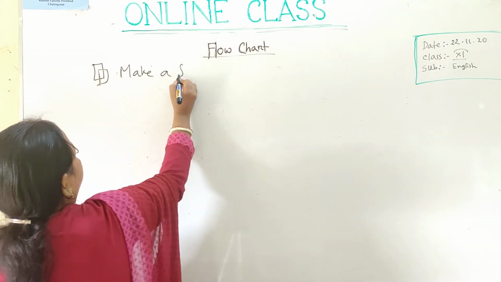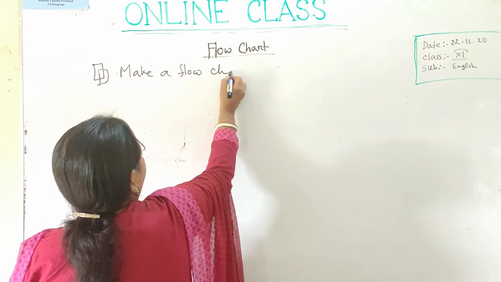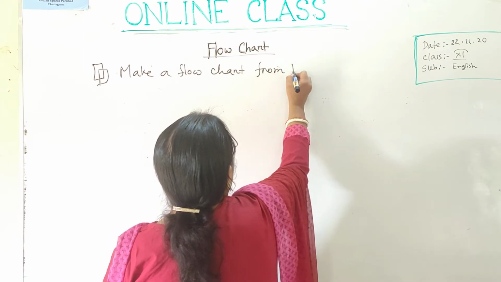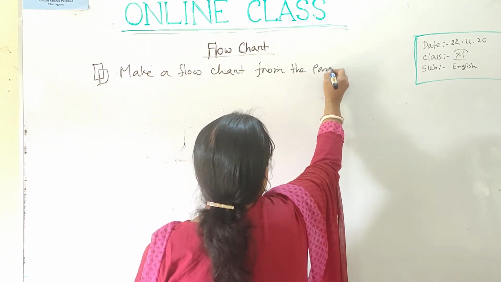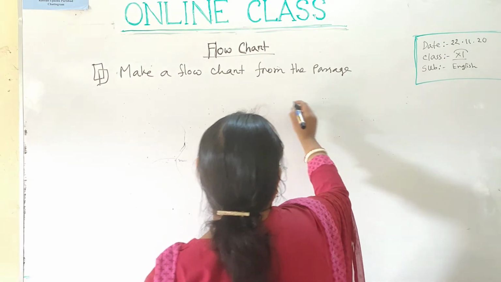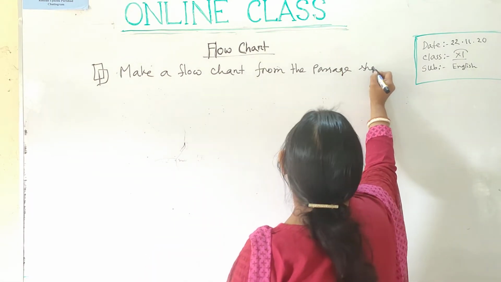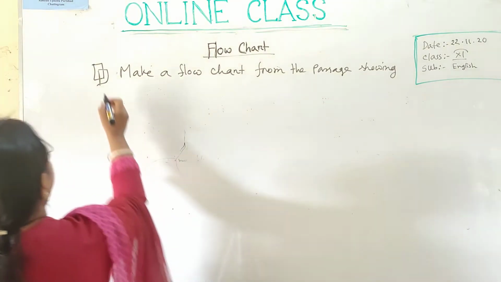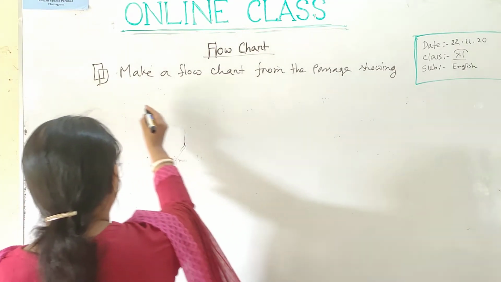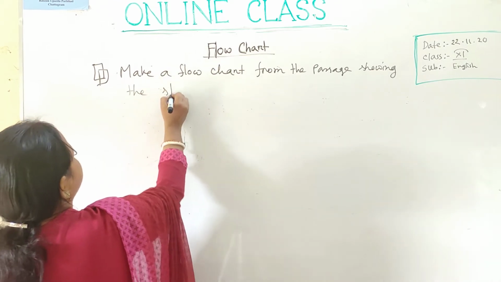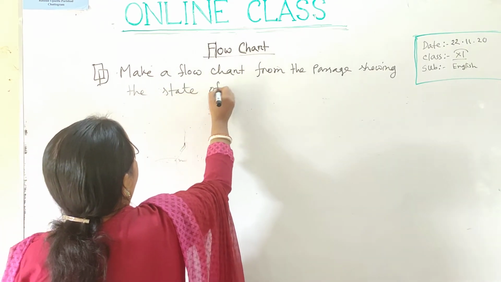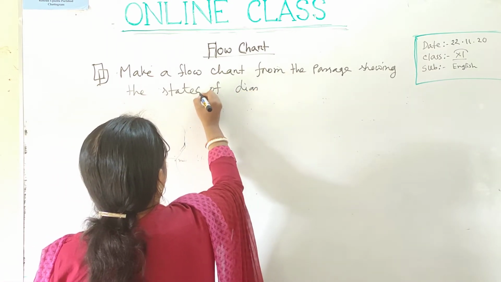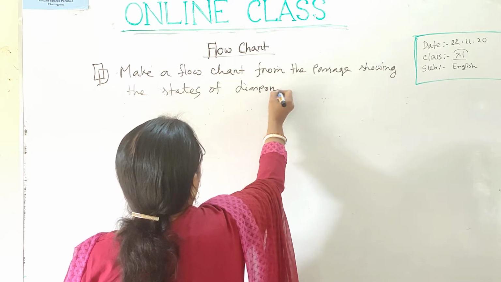make a flow chart from the passage showing the states of diaspora.